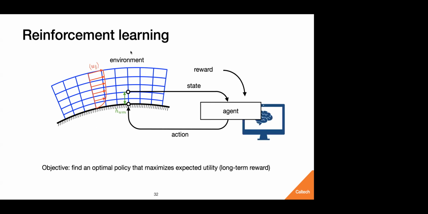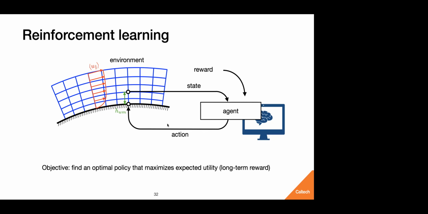So if you take your core simulation grid as your environment, the information that you're taking from the off-wall location as your state, your wall model is now your agent, and then the wall shear stress that you get out of it is now called an action. This is basically how reinforcement learning is trained.